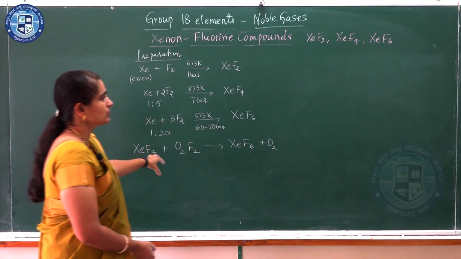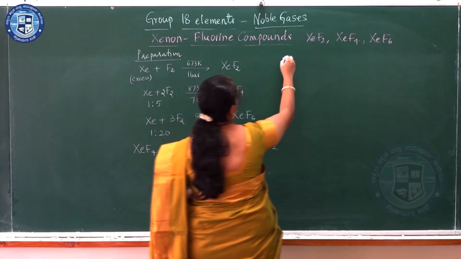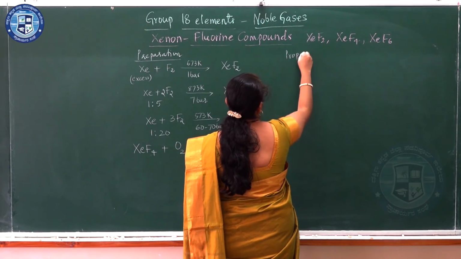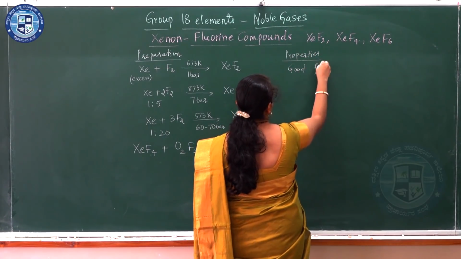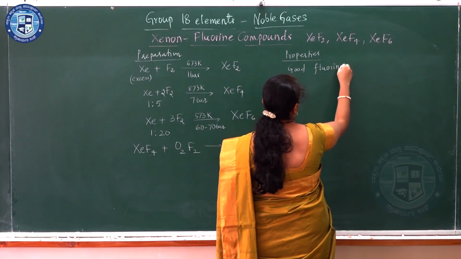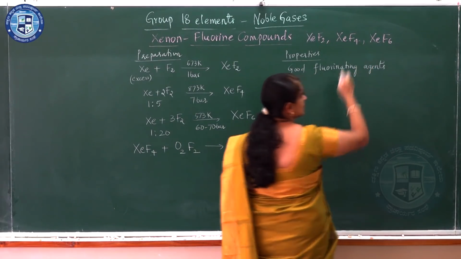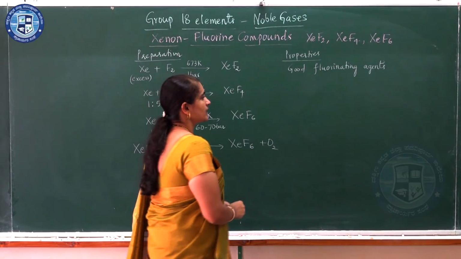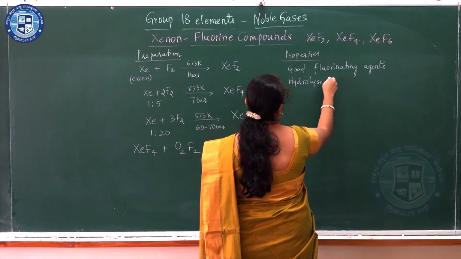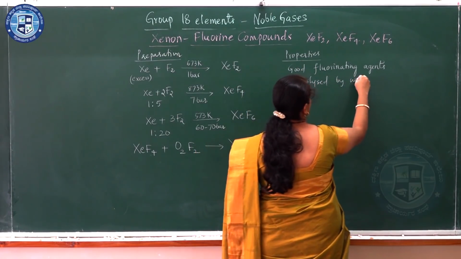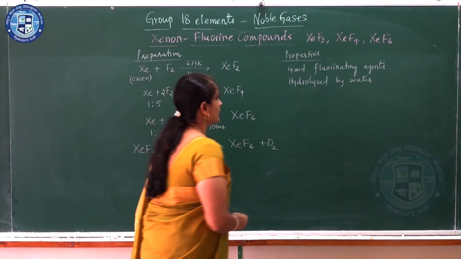Next, if we go to the properties of these xenon fluorine compounds, they all are good fluorinating agents. Since fluorine is present, we use them as fluorinating agents, and they are generally easily hydrolyzed by water. Even a small amount of water is enough; they readily undergo hydrolysis.